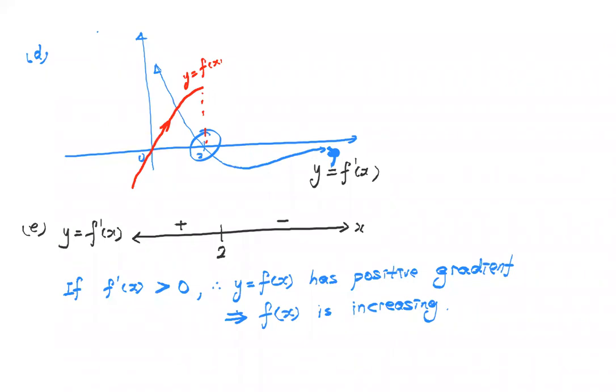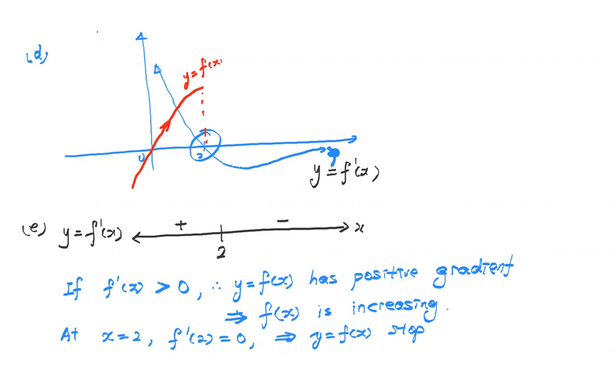Got it? Okay, now at x equal to 2, what can you say about f x? f prime 2 is equal to 0. So this implies y equal to f x stops. Stops what? Stops increasing or decreasing, correct?